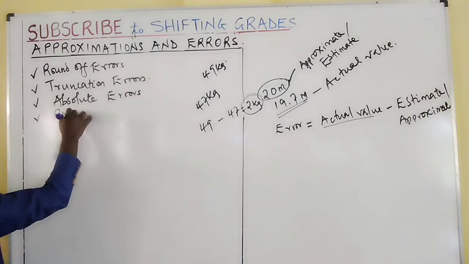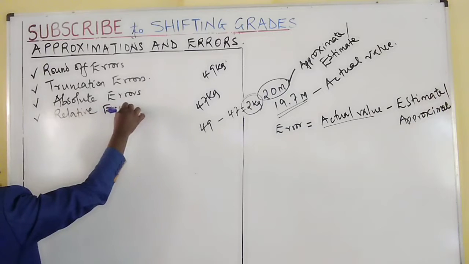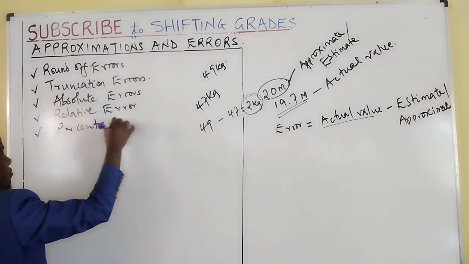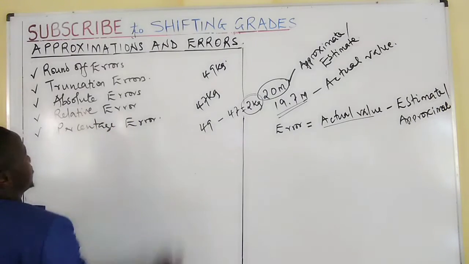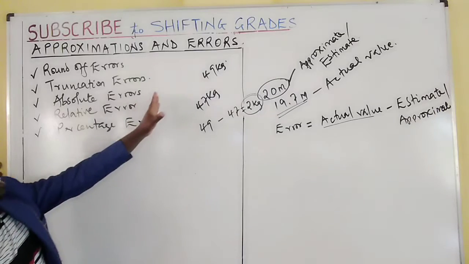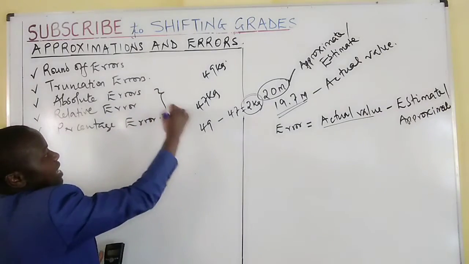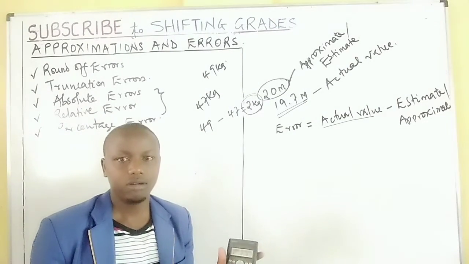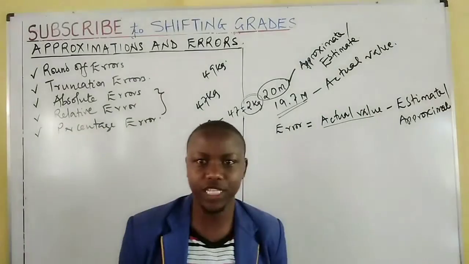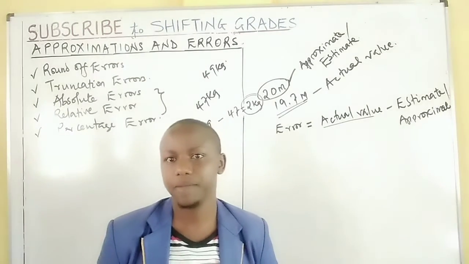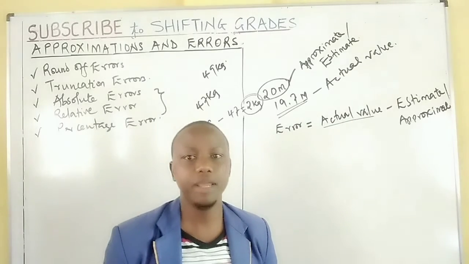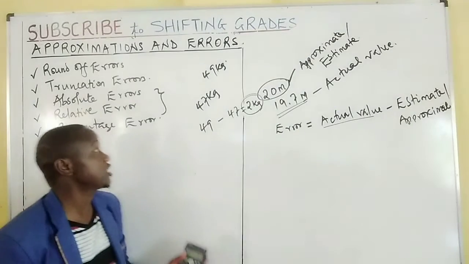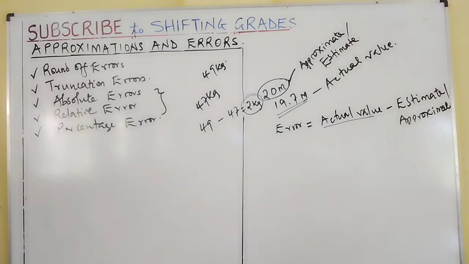We have the relative error, and lastly we have the percentage error. For these last three, they can be errors due to a measurement recorded or an operation which has been done on given quantities. Therefore, we'll be seeing them deeper in the next lesson. But meanwhile, we'll be seeing what they are. So we can start with round off errors.